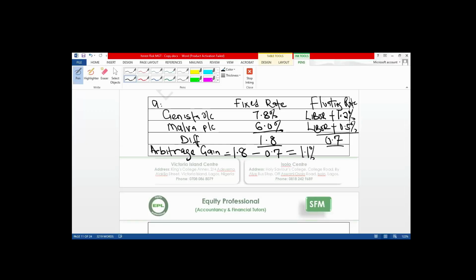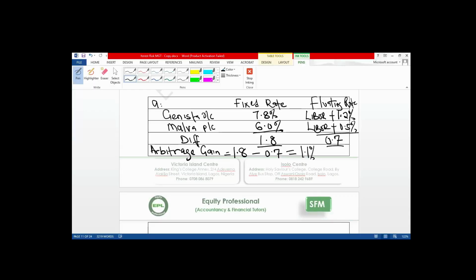In as much as this arbitrage gain is not equal to 0, then there's a profitable opportunity for swap. That means if the two companies go into swap, the borrowing cost will be reduced by 1.1.